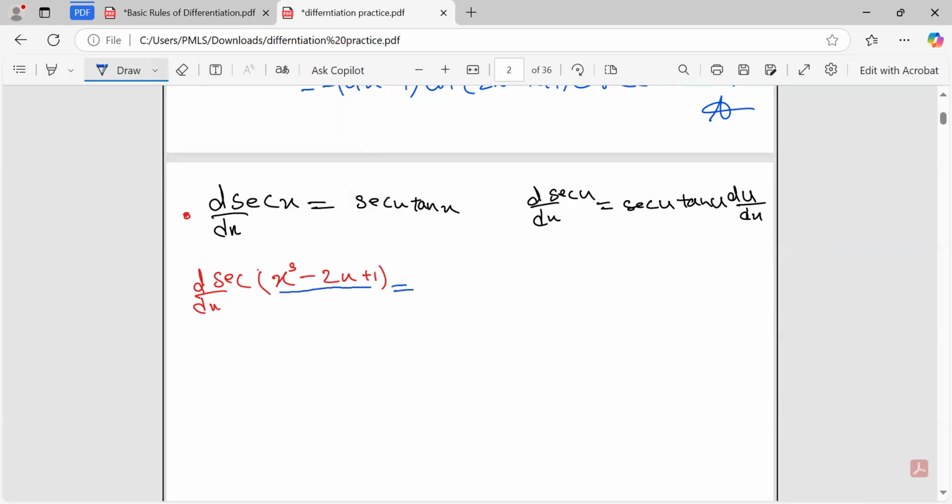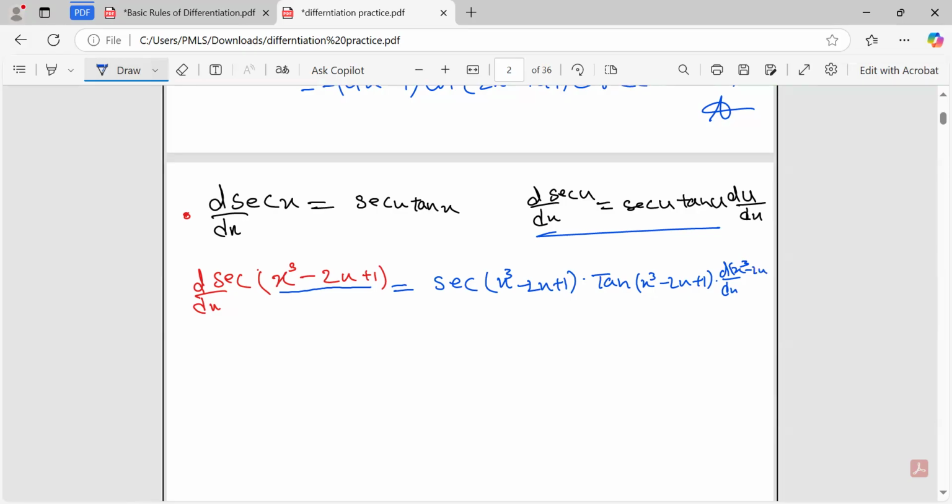So first of all, secant will be converted by using this rule: secant of x cube minus 2x plus 1 times tan of x cube minus 2x plus 1 times the derivative of the inside function, that is x cube minus 2x plus 1.